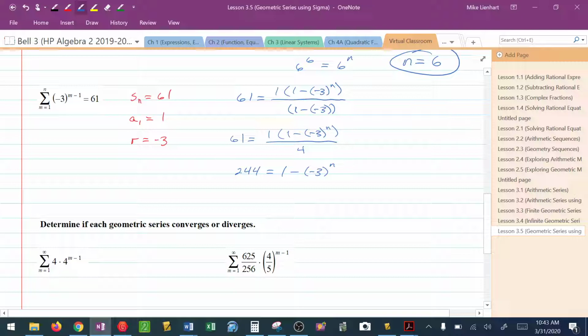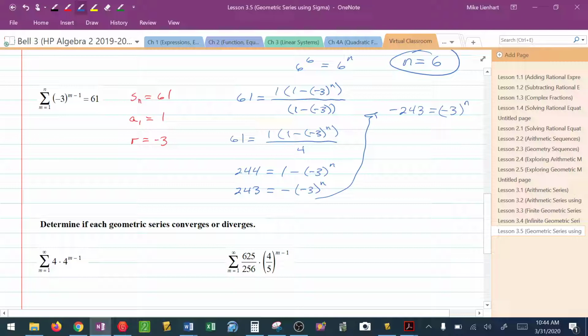I'm going to subtract 1, and that would give me 243. I'm going to divide by negative 1 to get rid of that negative symbol in front there. So I have negative 243 is equal to negative 3 to the nth.